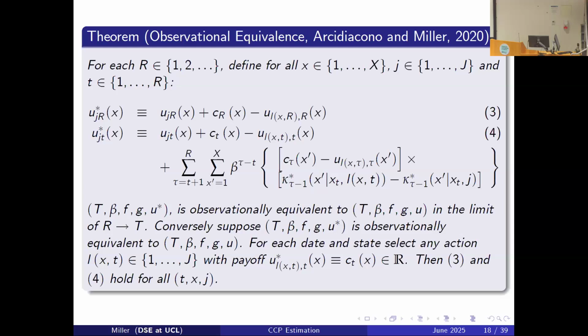Okay? So that's the sense in which these models, even with the G specified, yield some observational equivalence. Because after all, you only observe choices, not levels of utility.